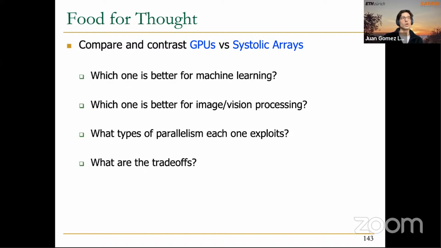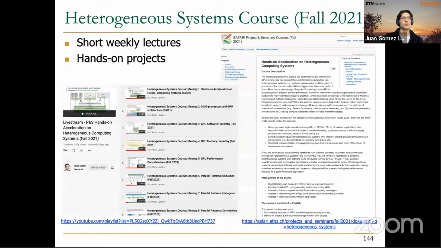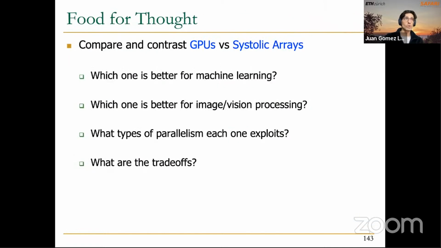We have talked a little bit about that today. What are the trade-offs of each of them, and does it make sense to combine these two paradigms into the same processors? I believe it makes sense, and there are some modern architectures starting to do this, and maybe in a future edition of this course we will talk about them as well.